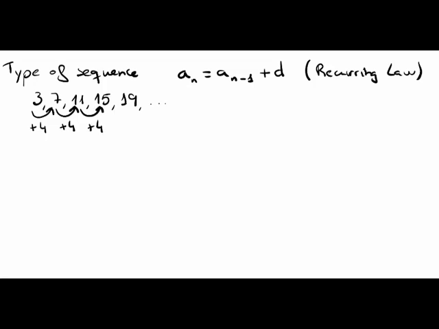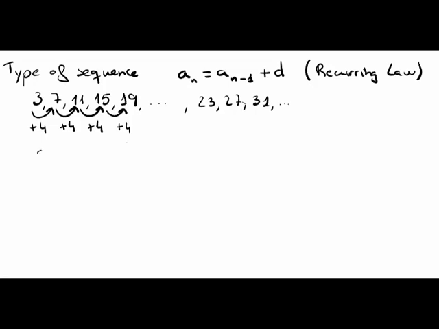And when I go from the fourth to the fifth term, I'm adding 4. So it is possible for me to complete some new terms because I can continue with 23, 27, 31, just adding 4 each time to the previous term.